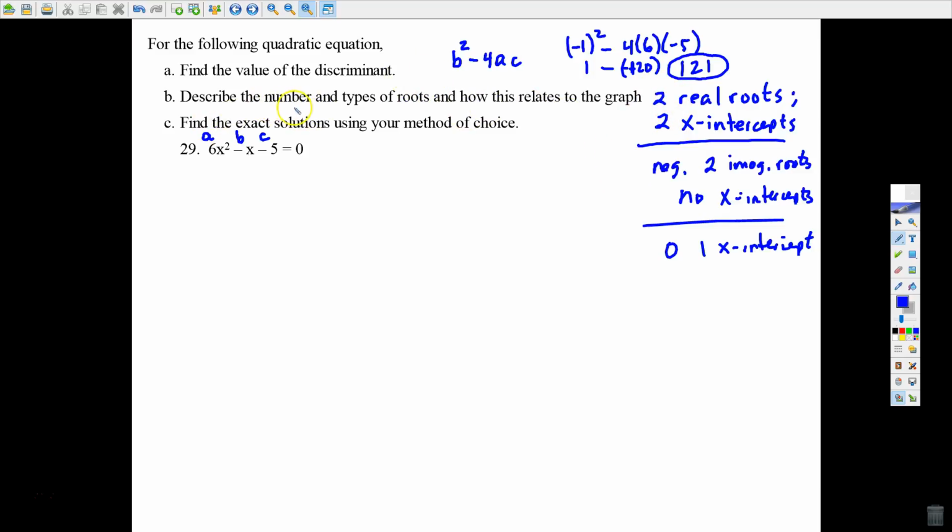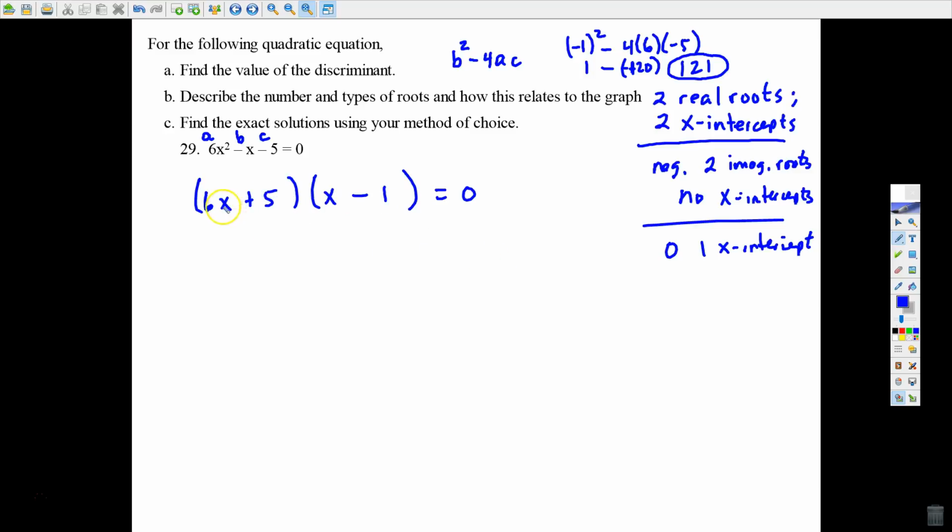Okay, so we've done letter A, that's 121. We've done letter B, and now let's find the solutions. I'm going to use factoring. So I'm going to factor this as two linear binomials using the factors of 6x squared as 6x times x, and the factors of negative 5: negative 1 and positive 5.